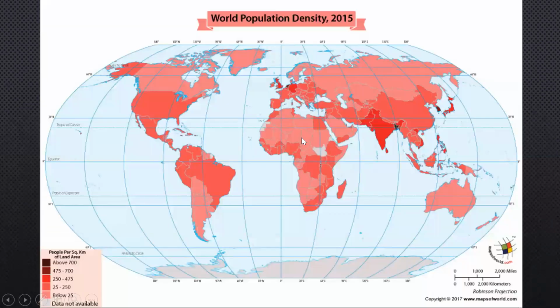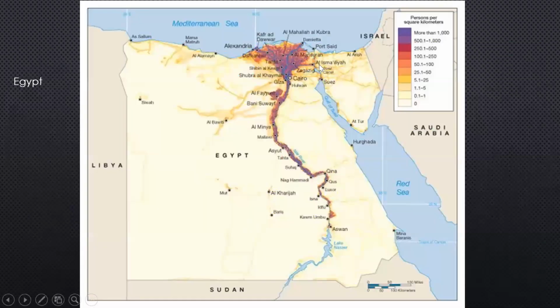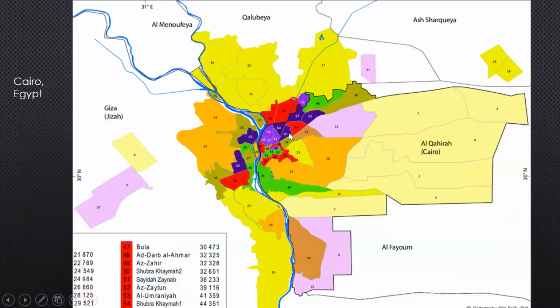Again, here you might see the people per square kilometer might look huge, but the closer we look, it seems to be pretty dispersed for most of Egypt and then pretty clustered around the Nile River. And even more so if we look at Cairo, Egypt. People are definitely close to the Nile here.